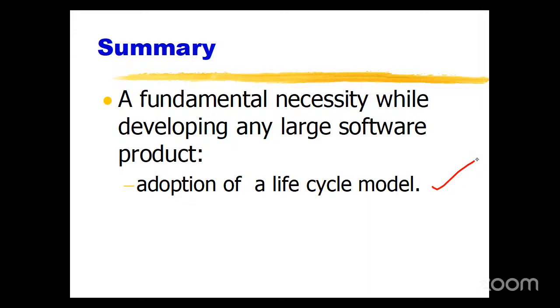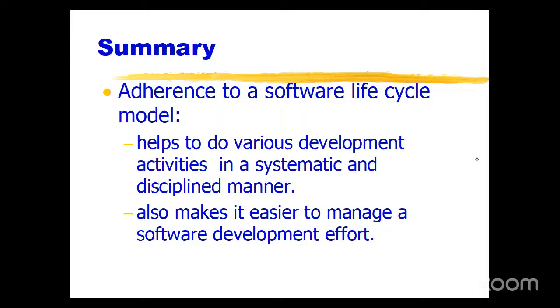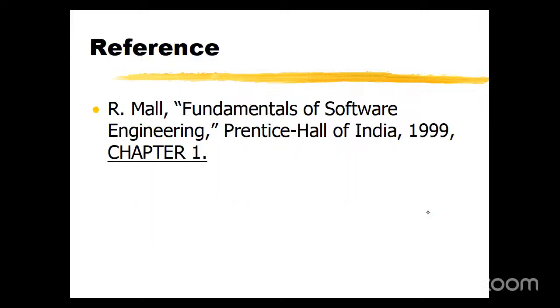So which model has to be chosen? That is very important when you are adopting your software life cycle. Adherence to a software lifecycle model helps to do various development activities in a systematic and disciplined manner. Also it makes it easier to manage software development efforts.